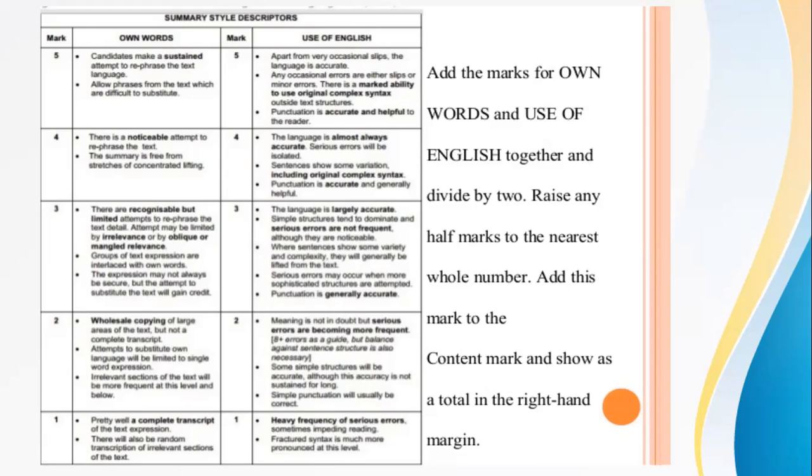Yeah, and when we look at the second part of your paper 2, which is reading for meaning, you will be referring to passage 2. And based on passage 2, you will be answering the questions given in your question paper. And when you're awarded only 1 mark for the question, make sure you state your answers, or you extract the ideas from the passage and try to use your own words as much as possible.